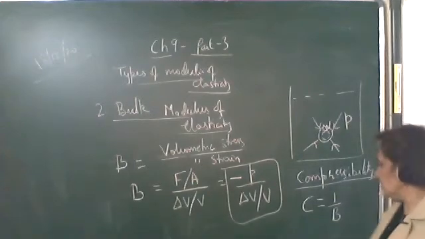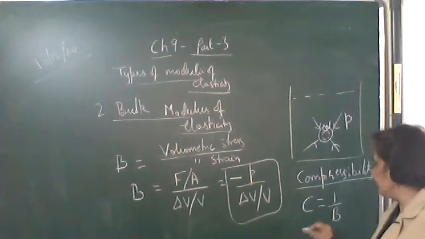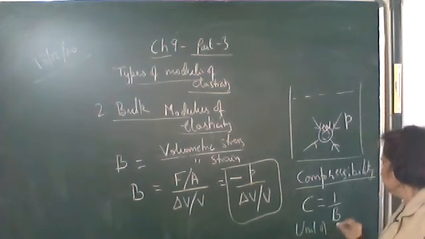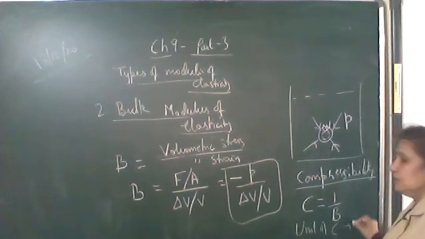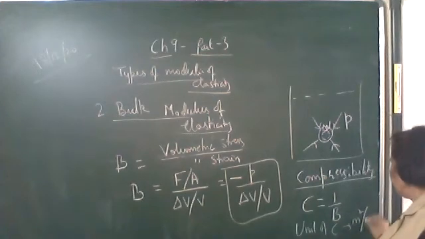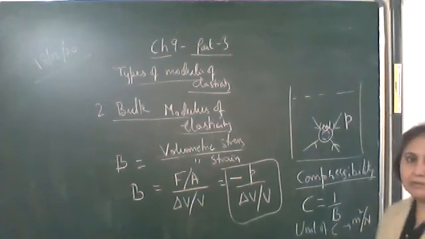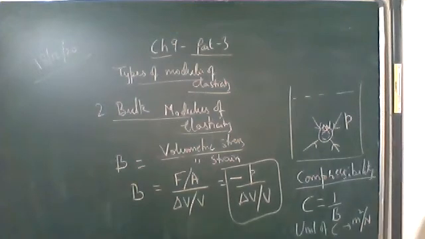It is the inverse of bulk modulus, so the unit of C will be meter square per Newton, or Newton raised to the power minus 1 into meter square.